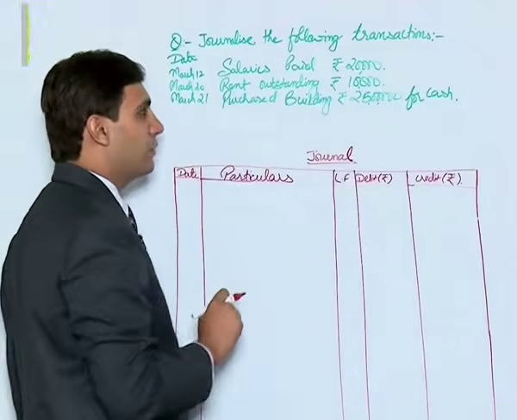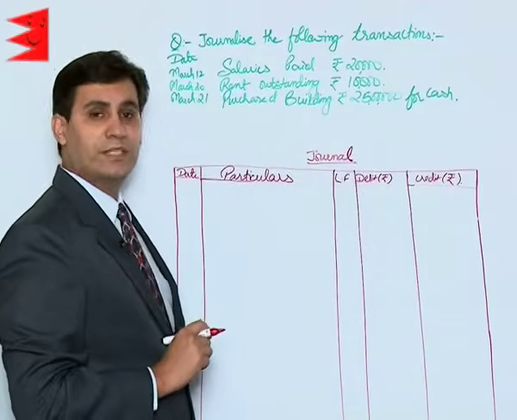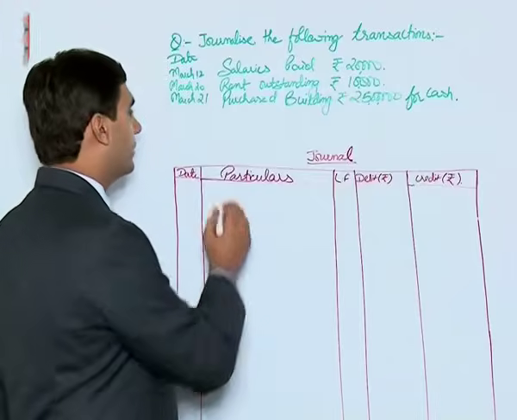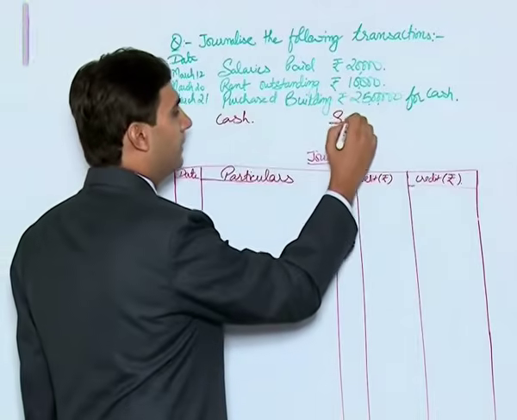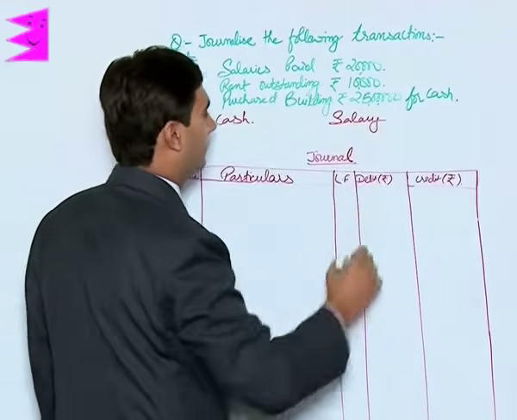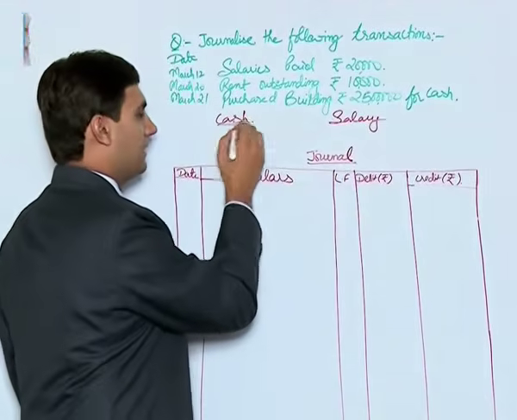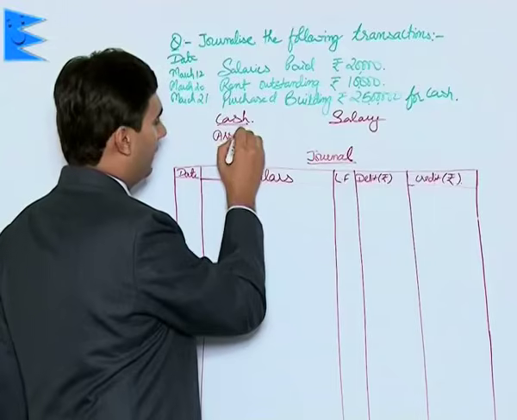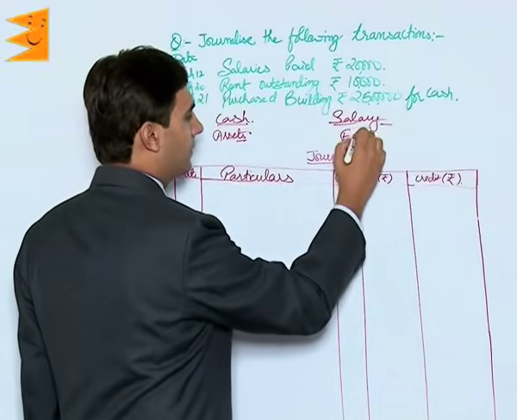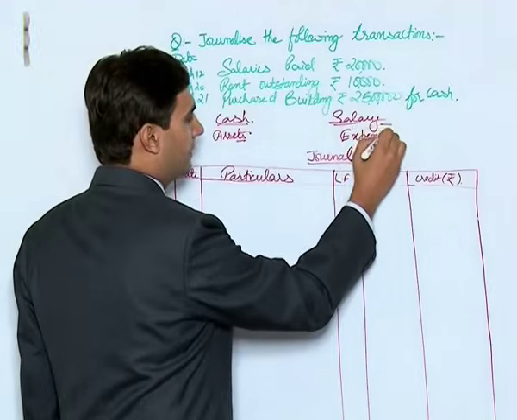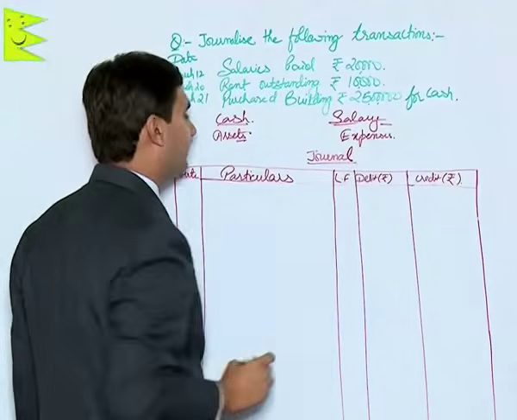Now entry on March 12 says salaries paid rupees 20,000. Now students, there are two accounts involved here, cash and salary. Cash is an asset, so it is under the category of assets. Salary is an expense, so classified as expenses.